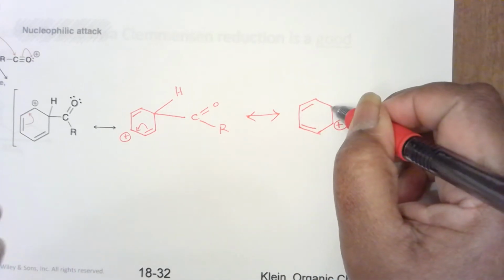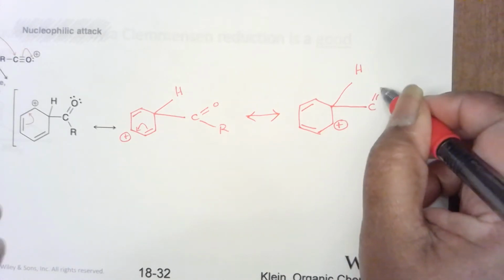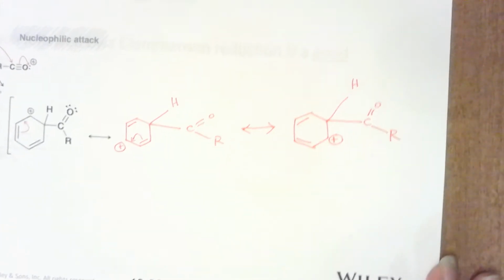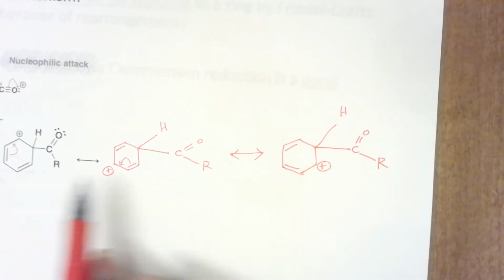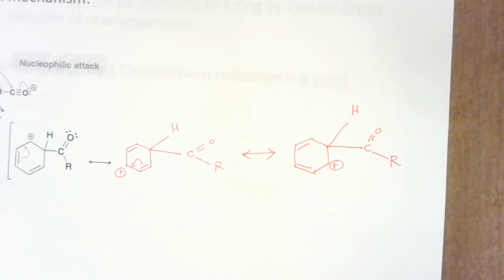Positive charge here. Okay. So now you have 3 resonance structures. That's your sigma complex.